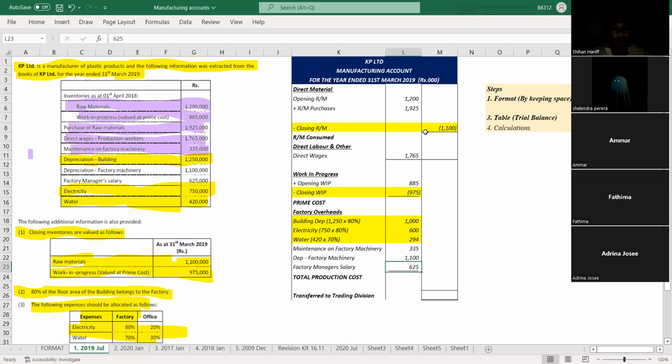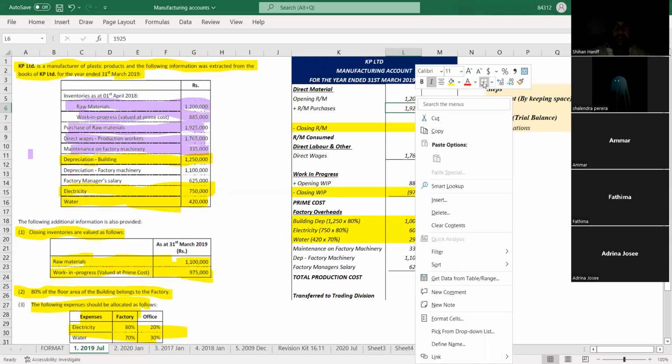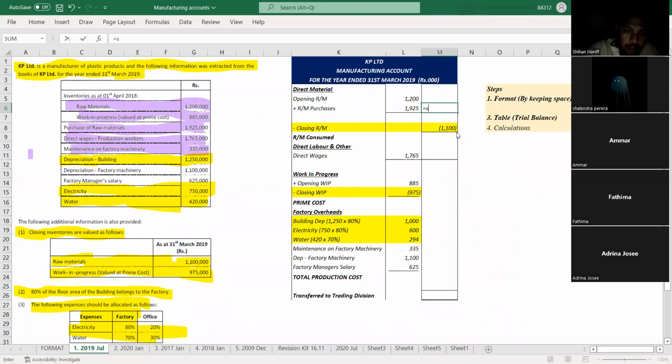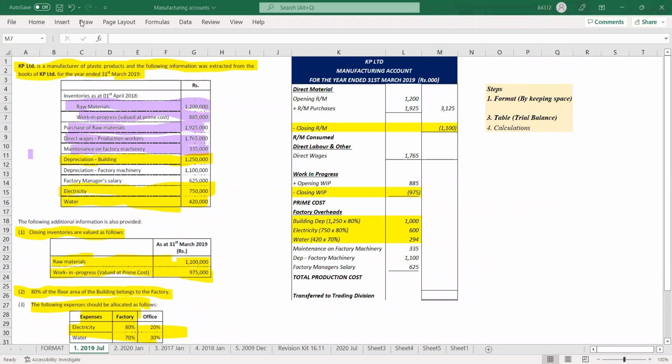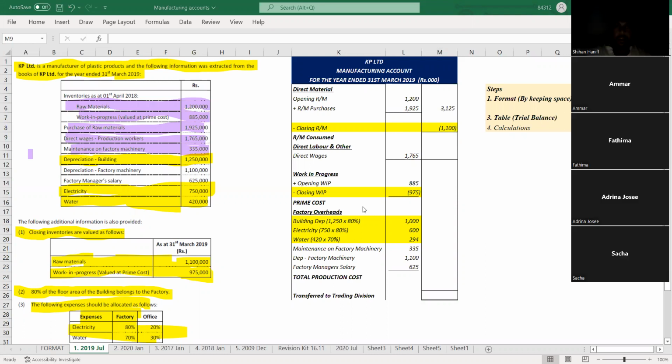So now we can take the balances. Right. Can you complete and tell me how much is the total production cost?